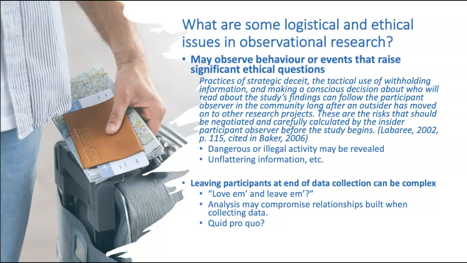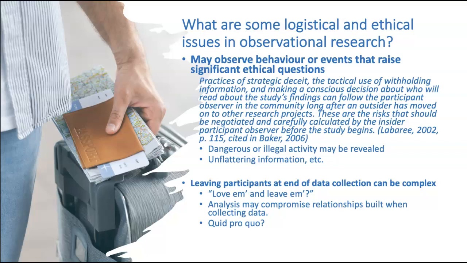You can't just love them and leave them, and researchers do, and that can leave some pretty bad taste in people's mouths about what has happened and what they've shared. So that needs to be negotiated perhaps right at the beginning, so there's a clear understanding of how the research project is going to move forward and what's going to happen at the end and what's going to work for participants and what's not.